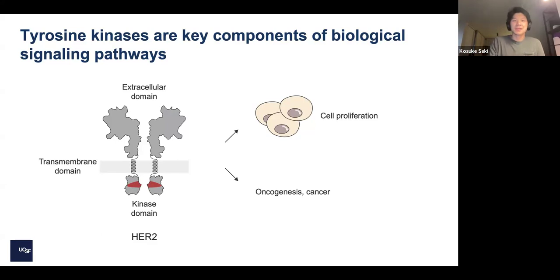So understanding how these types of mutations affect the functions of these kinase domains is really important, not only from a basic science standpoint of understanding how these proteins work, but also for human health in general. Here I'm talking about HER2. It's actually been found that you can build drugs to this in order to stop cancer. So it's a really important target to learn about.